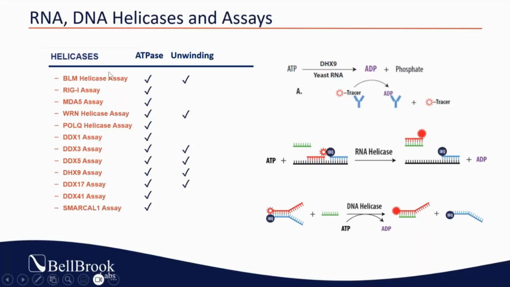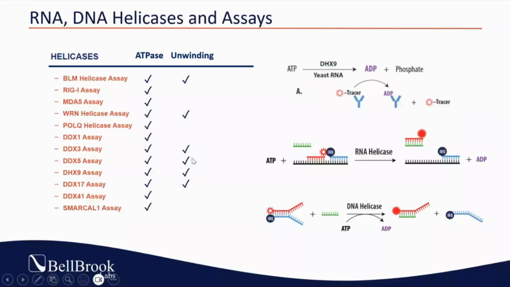We have all of these recombinant helicases available, and they are validated, and in most cases available in complete solution kits, including all the substrates and buffers required for all these RNA helicases, many of which I spoke about today, as well as a number of DNA helicases, BLM, WRN, POLQ, SMARCAL1, and we have the Heliscreener unwinding assays for the RNA helicases that I talked about today.